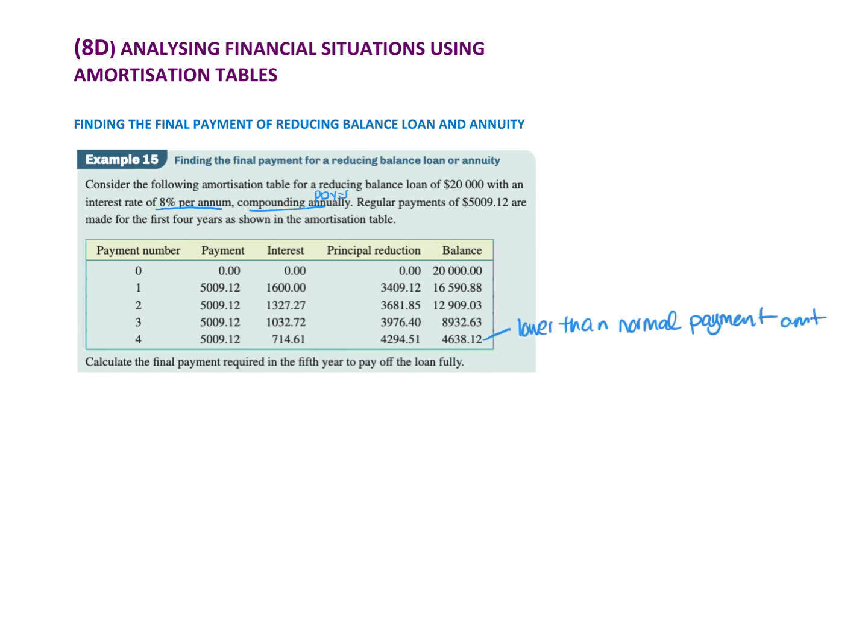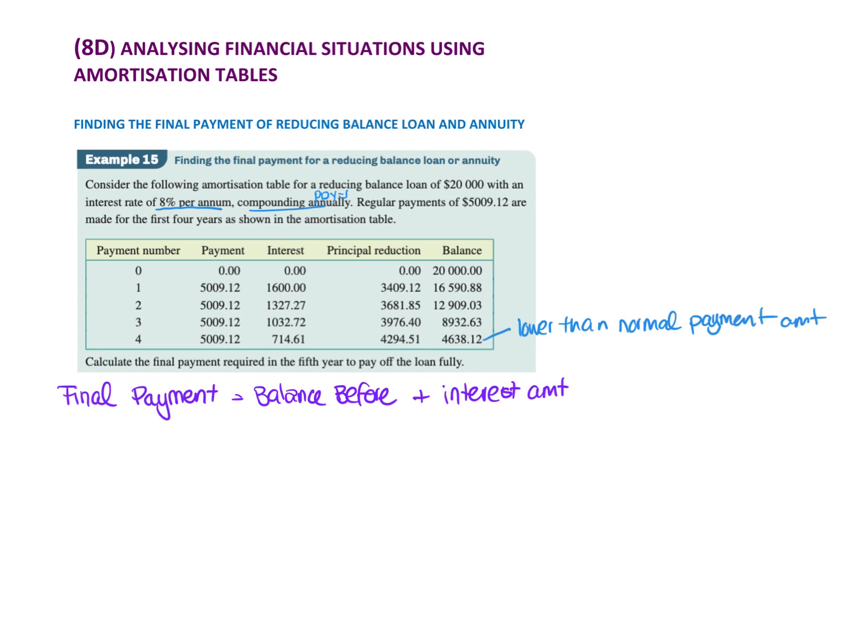They want it to be paid off in the 5th year, so you've got to work out the final payment, which is going to be a little bit different. The final payment is going to equal the balance before, so we need to pay off the amount that's still owing, plus the interest amount gained.